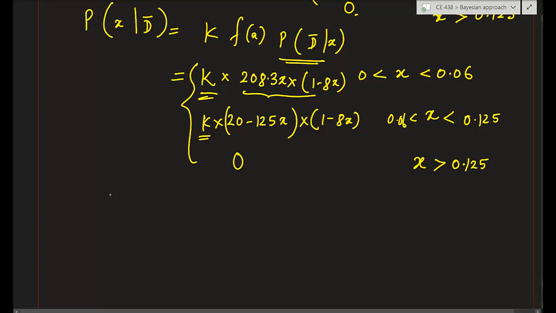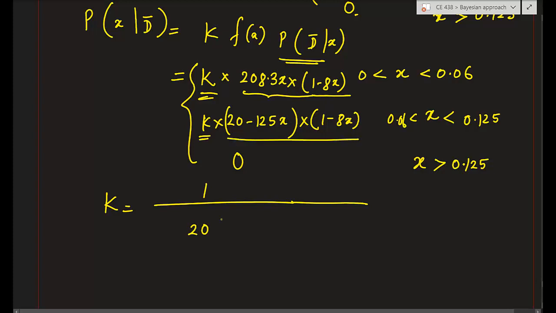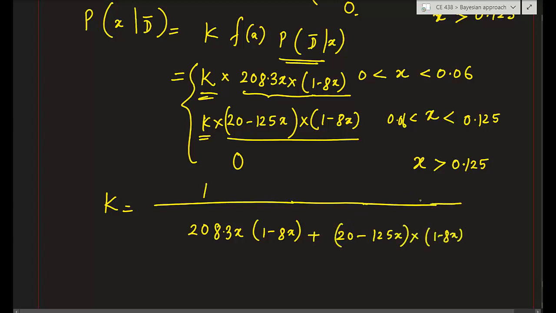So k is what? This is nothing but 208.3x times (1 minus ax) plus (20 minus 125x) times (1 minus ax), and this I have to integrate.